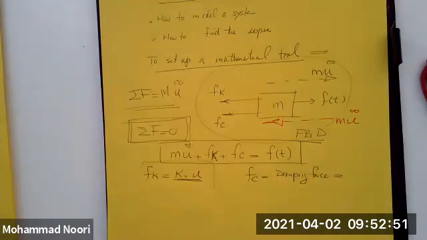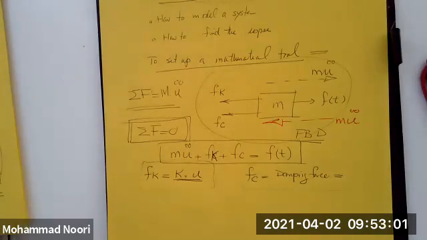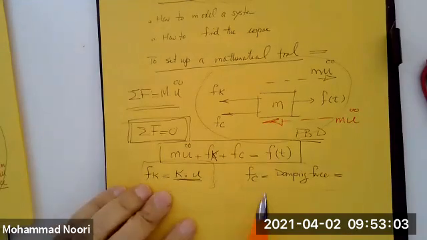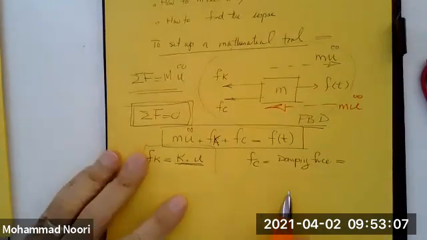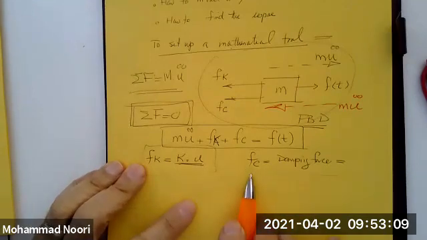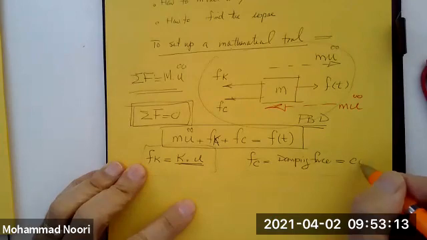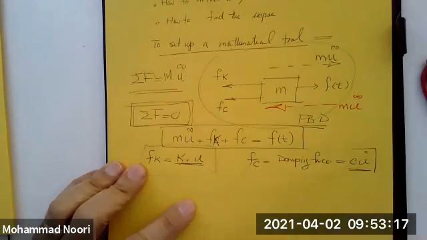It depends on so many factors, including materials, velocity, or many other characteristics. For that reason, in mechanical vibration, we make an assumption about this force, or set up this force in an arbitrary form that is easy to deal with.